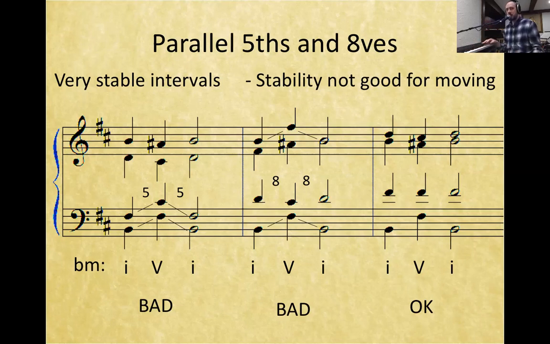No one else is jumping. No one else is tied to the bass line in a super strong way. So that's what we mean by having smooth and singable lines that are independent, not just tied to what another voice is doing. That's parallel fifths and octaves.